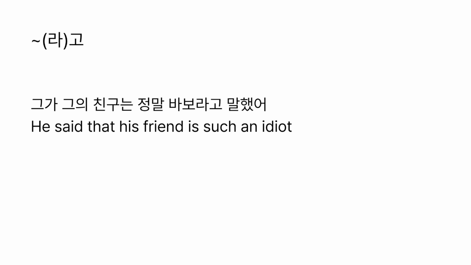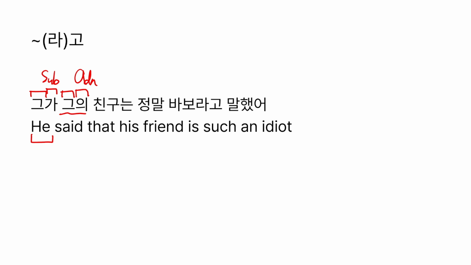For example, 그가 그의 친구는 정말 바보라고 말했어. He said that his friend is such an idiot. In this sentence, 그 means he, and 가 is the subjective case particle, and 그 means he, and 의 is the adnominal case particle.